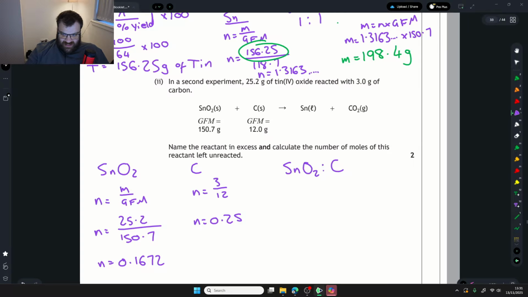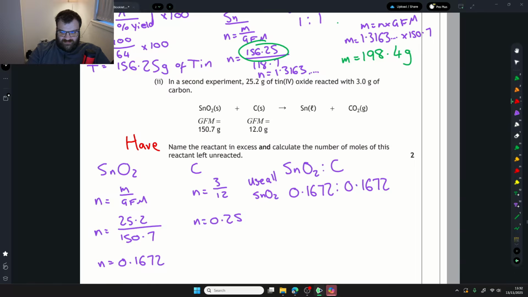It means that if we were to use all of the SnO2, I'm going to substitute in the moles that we have. Applying the 1-to-1 ratio would mean we would need 0.1672 moles of carbon. We have more of that, so that is able to happen.